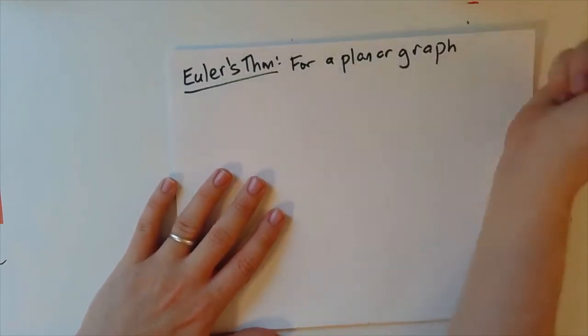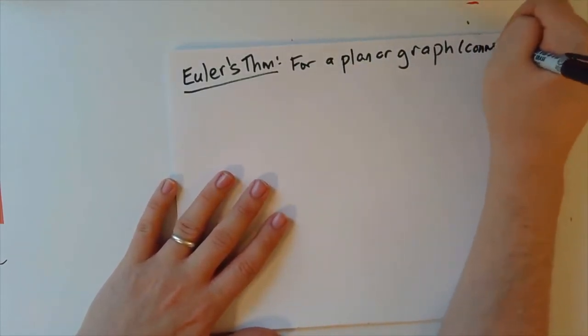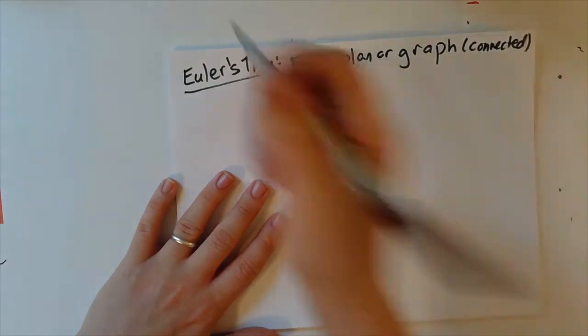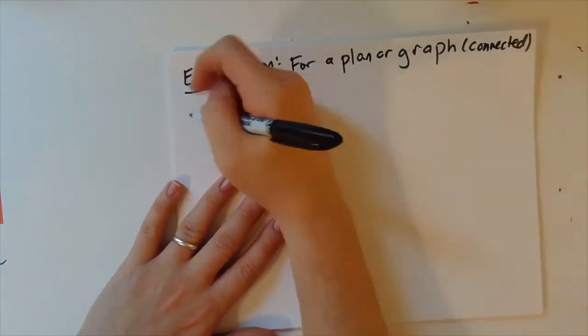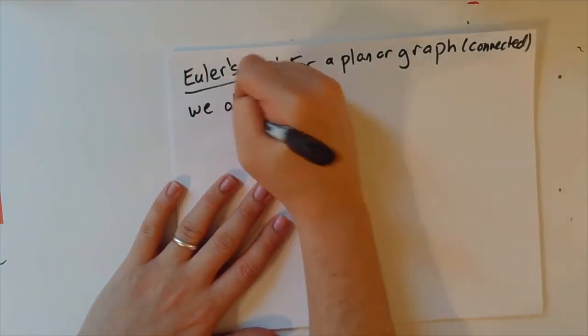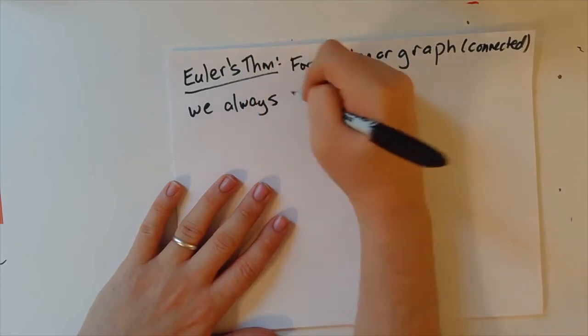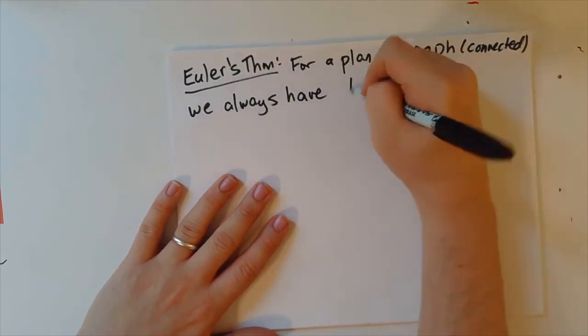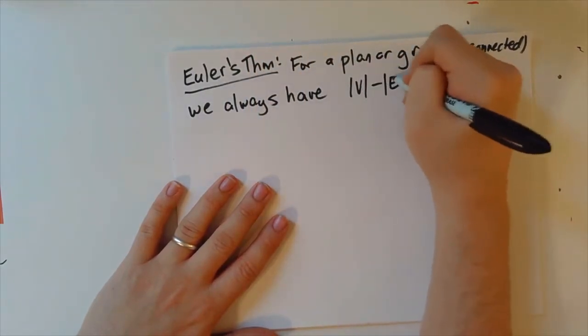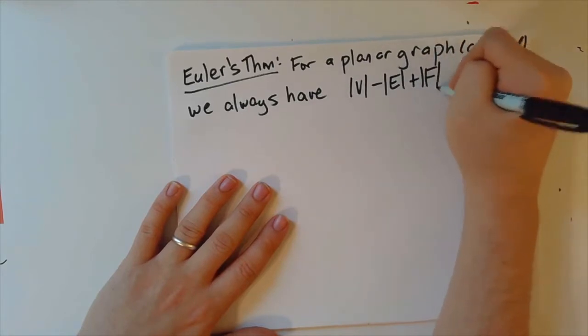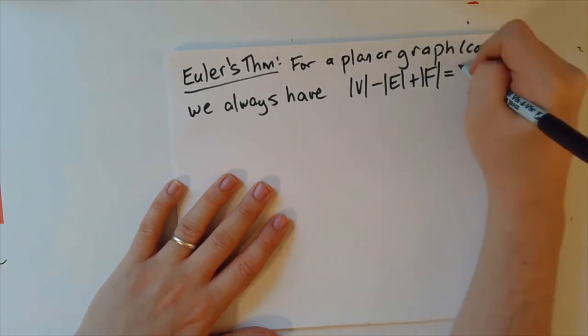For a connected planar graph, I should specify, we always have the number of vertices minus the number of edges plus the number of faces is equal to 2.